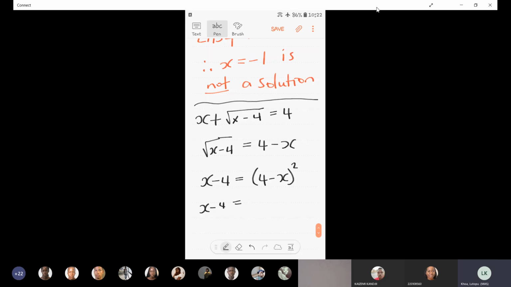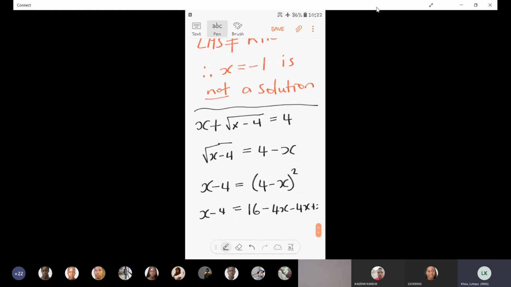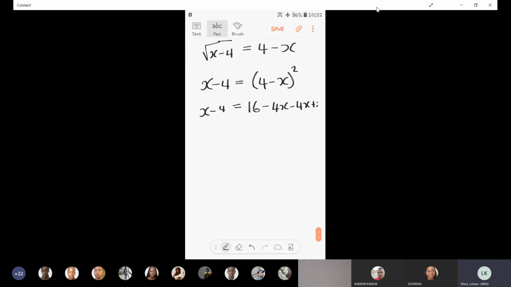And I have x minus 4 equal to 4 times 4 is 16, 4 times minus x is minus 4x, minus x times 4 is minus 4x, and then x times x is x squared.